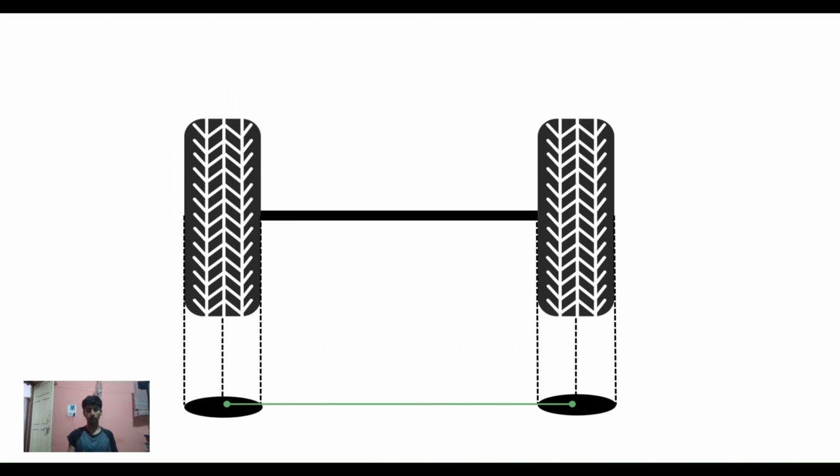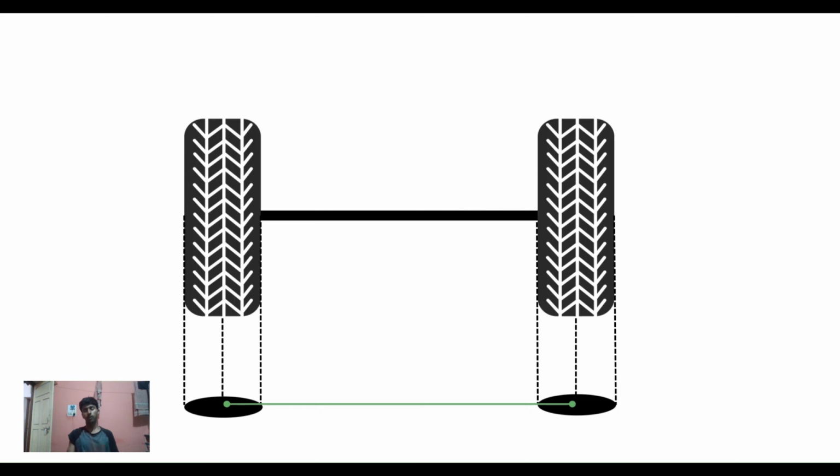We take the center of the tire contact patch and measure it all the way to the other tire's contact patch center for the two tires which lie on the same axle, and that distance is the track width.